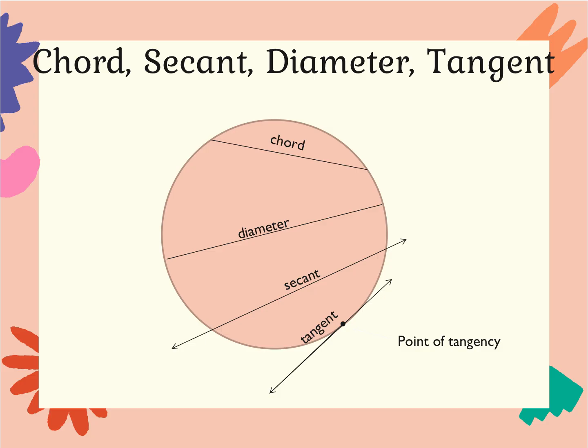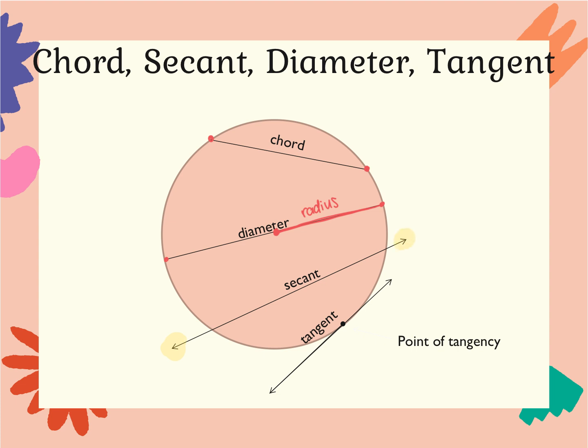All right, this is a diagram with all the information. Your chord, again, just a reminder, has 2 endpoints. Your diameter is also considered a chord, but the diameter goes straight through the center. Halfway, they didn't write this on here, but I'm going to write, this is my radius. Your secant is a line, that's why it has the arrows.